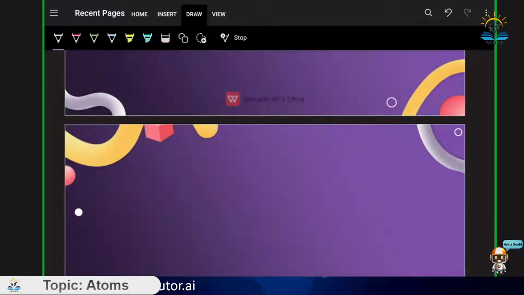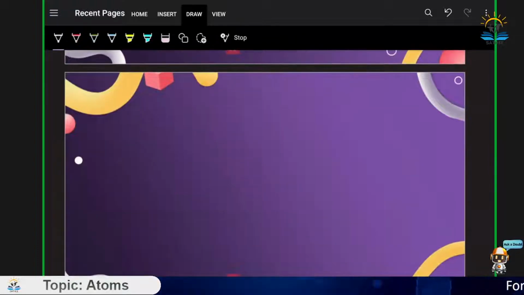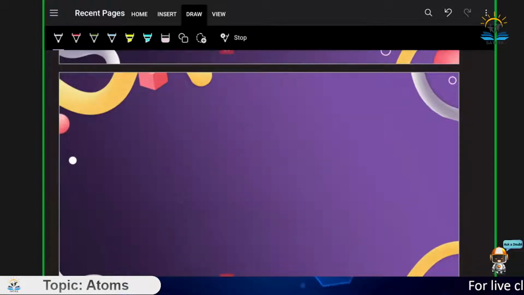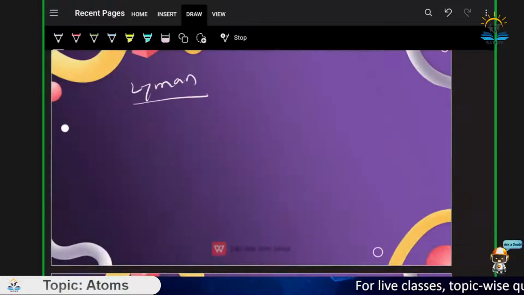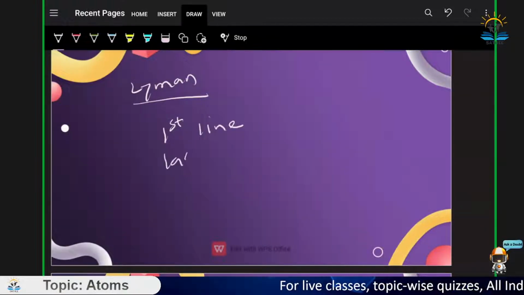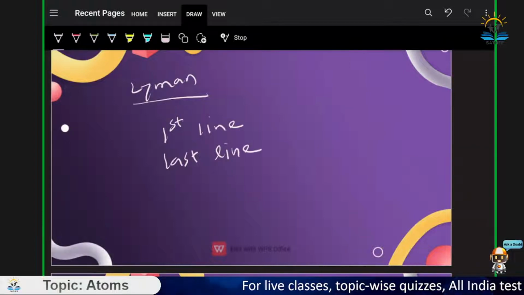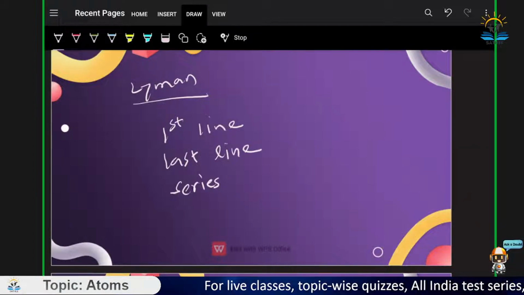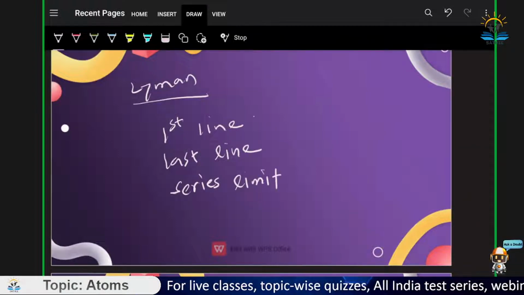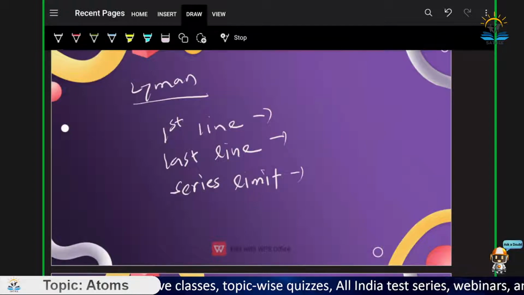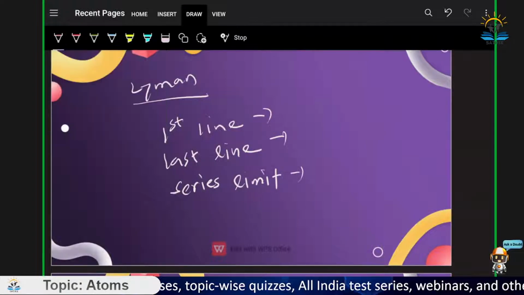Lyman is 1, Balmer 2, Paschen 3, Brackett 4, Pfund 5. And in Lyman, we have first line, last line, and series limit. First line means 2 to 1.